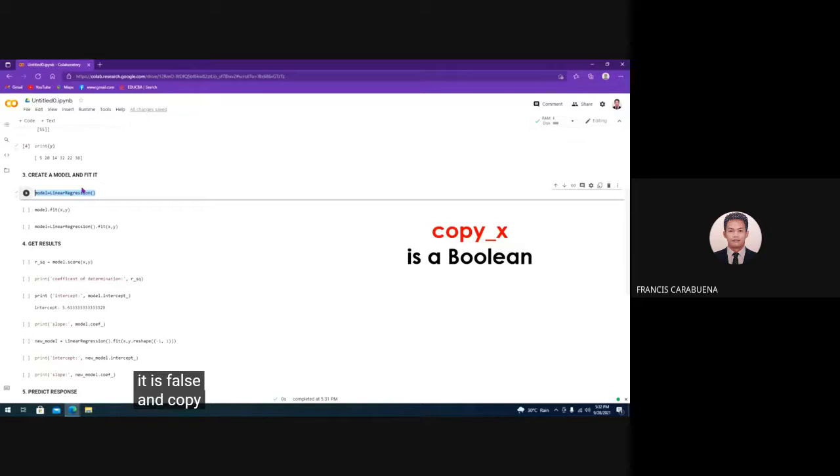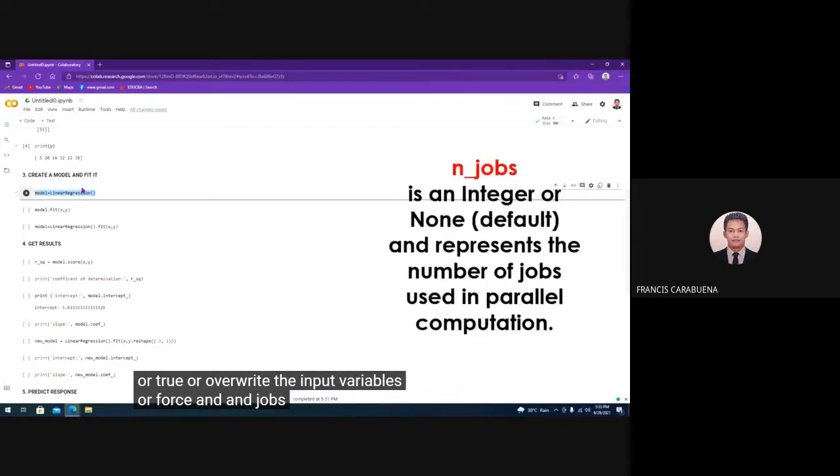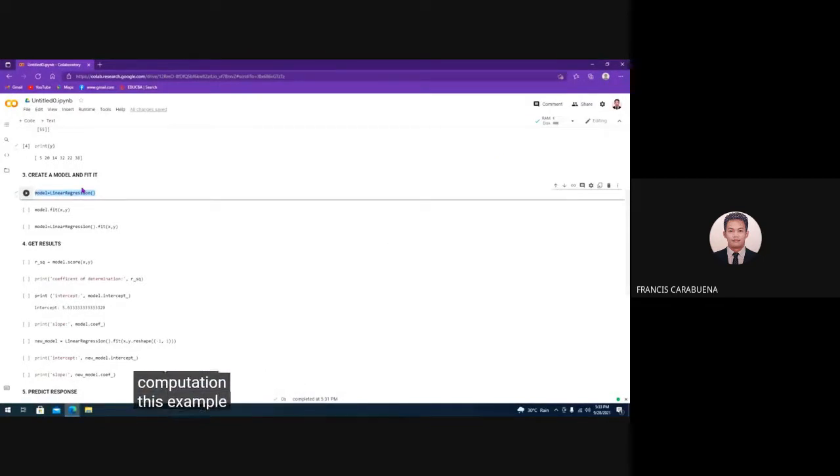And copy_X is a Boolean also, true by default, that decides whether to copy, or true, or overwrite the input variables, or false. And n_jobs is an integer or None, default, and represents the number of jobs used in the parallel computation. This example uses the default values of all parameters.